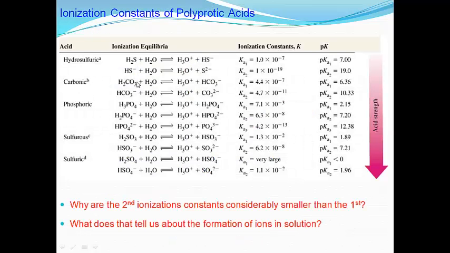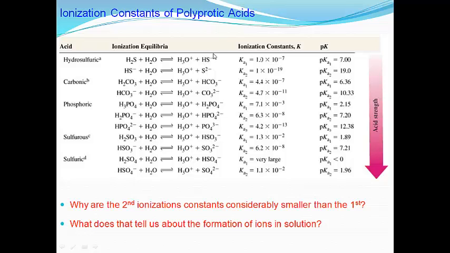This table shows us the ionization constants of several polyprotic acids based on the different ionization steps involved. Let us look at the first one. Hydrosulfuric acid is H2S. It's a diprotic acid. In water, it gives us H3O+ plus HS-, and the associated equilibrium constant is 1 times 10 to the minus 7, and the pKa is 7.0.